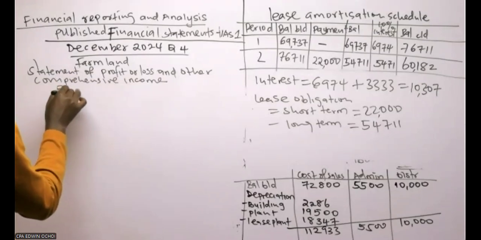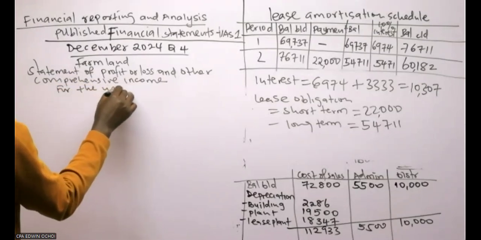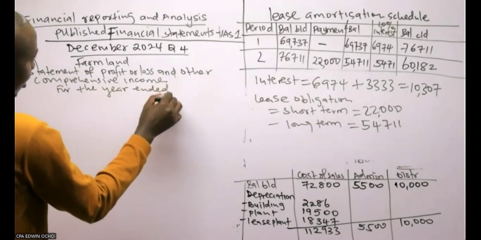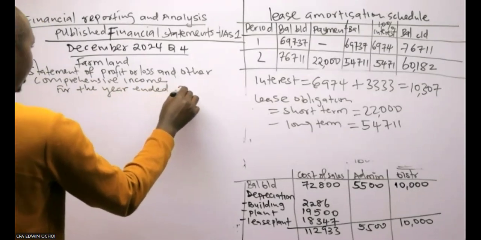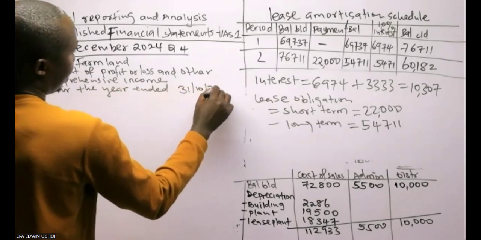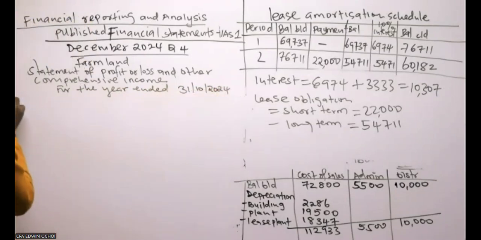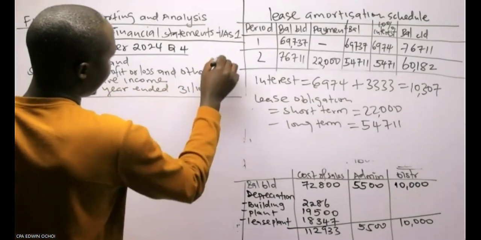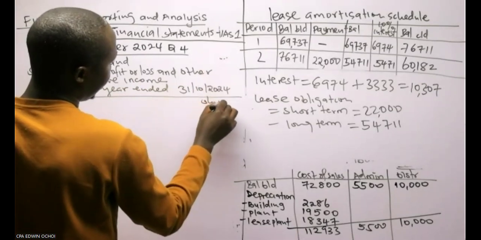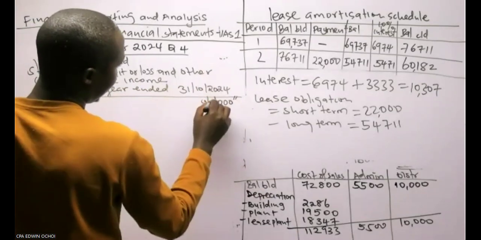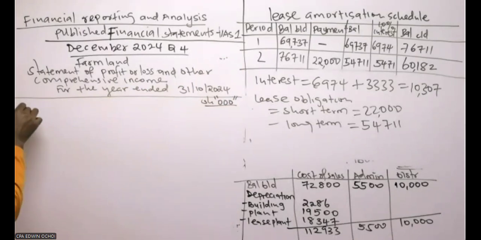So that is for the year ending, our financial year was ending on October 2004, with shillings in thousands. So we start with revenue. Tell me, which is the revenue?